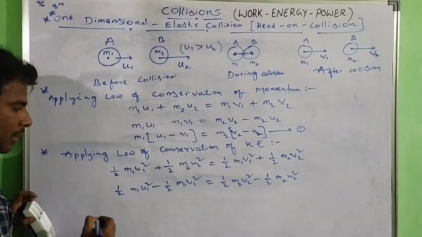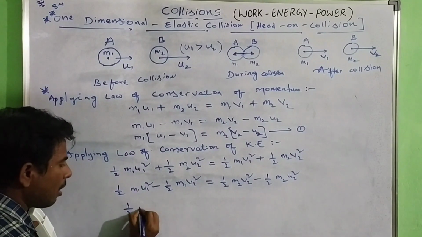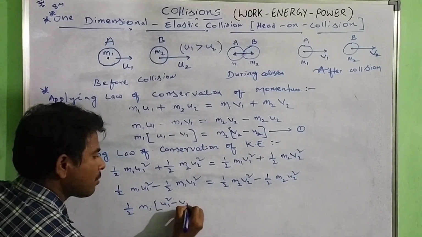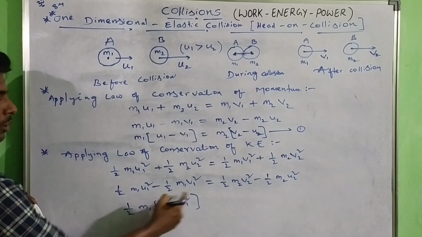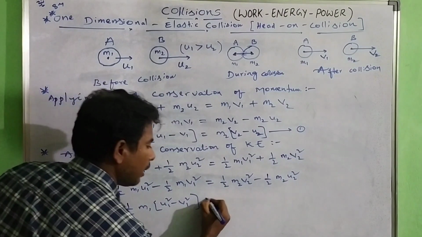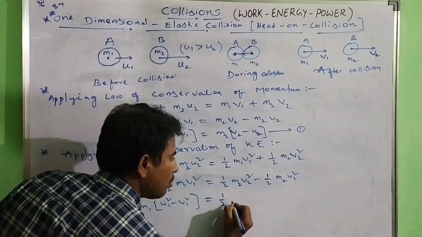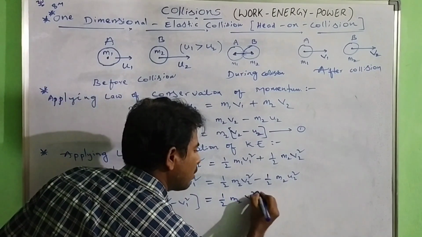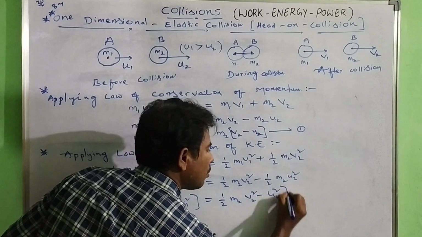The common factors give half m1 into u1 square minus v1 square equals half m2 into v2 square minus u2 square.